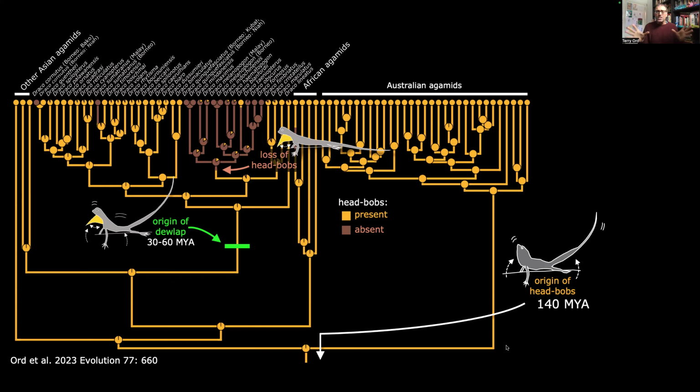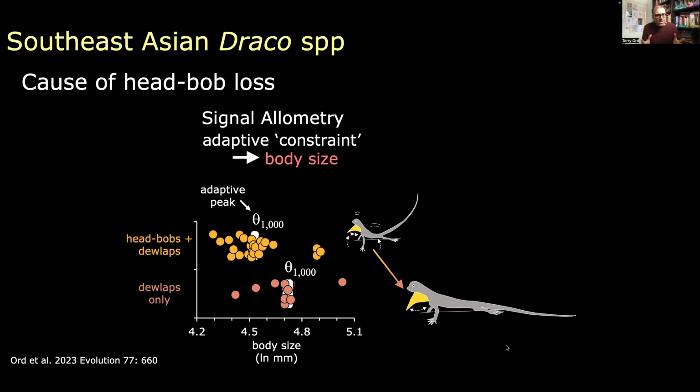Now, that's remarkable because the head bob is almost ubiquitous across these lizards, right? And it's ancient. So for it to be lost in this particular group is really, really unusual. And it appears to be something to do with changes in overall body size. So that subset of Draco that have lost their head bob also tend to be larger species.